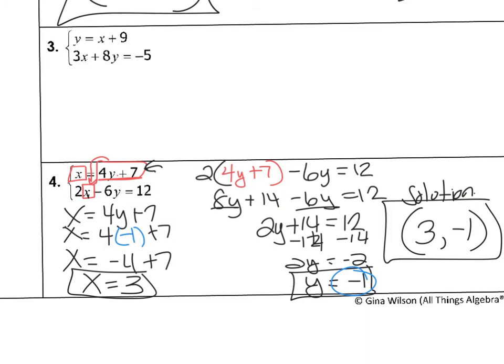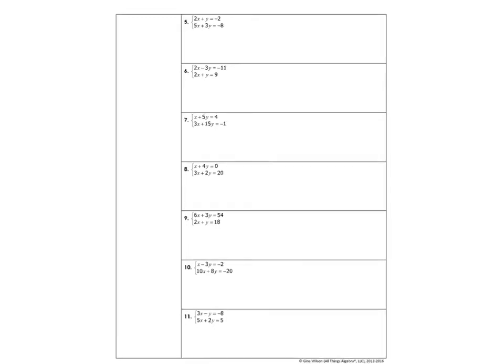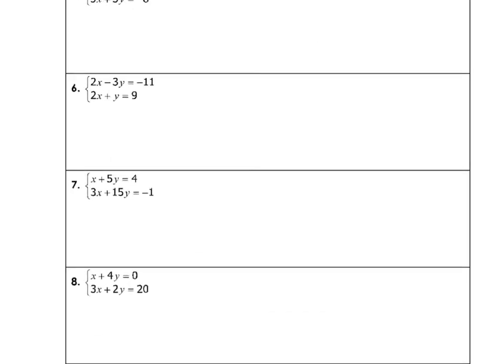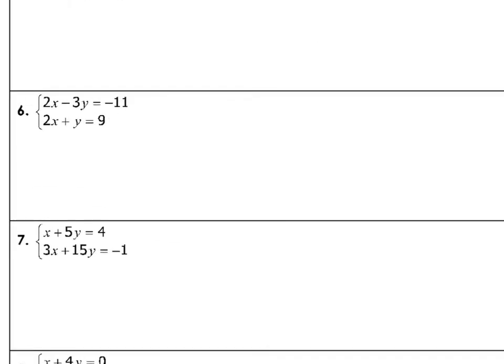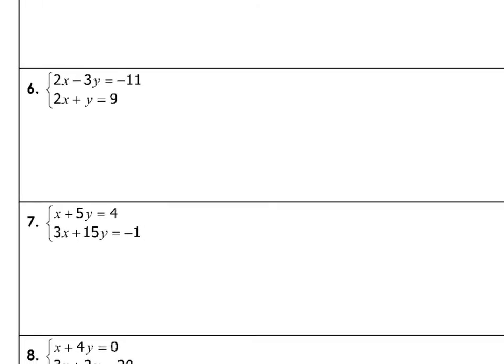Let's see. Go ahead and turn over. Okay, let's look at number 6. Okay, so on this one, number 6, neither one of the equations has a variable isolated.